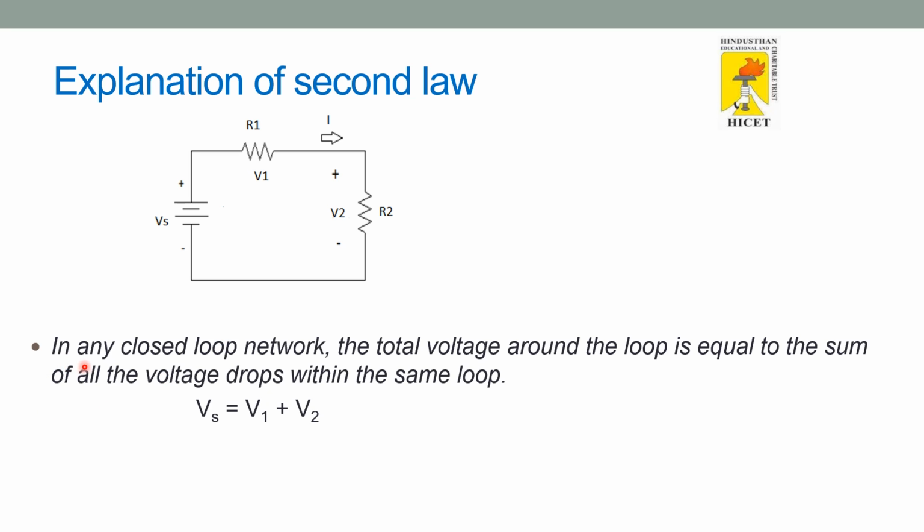In any closed loop network, the total potential rise is equal to the sum of the potential drops. V1 and V2 are potential drops. In a loop, the potential rise is equal to the potential drop. Here Vs is a potential rise and V1 and V2 are potential drops.